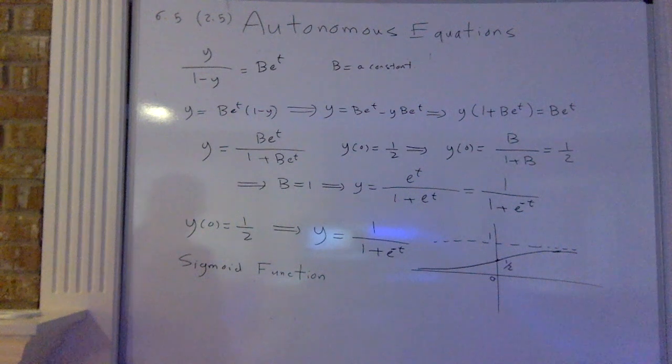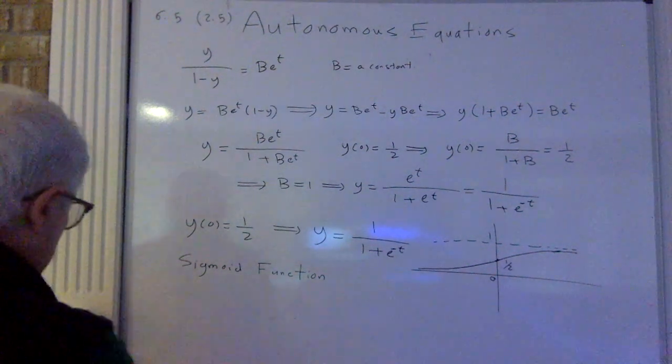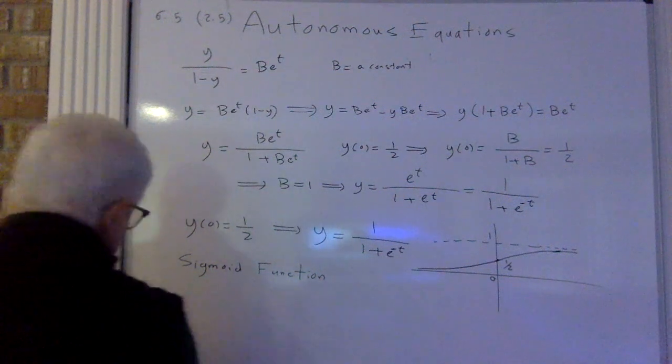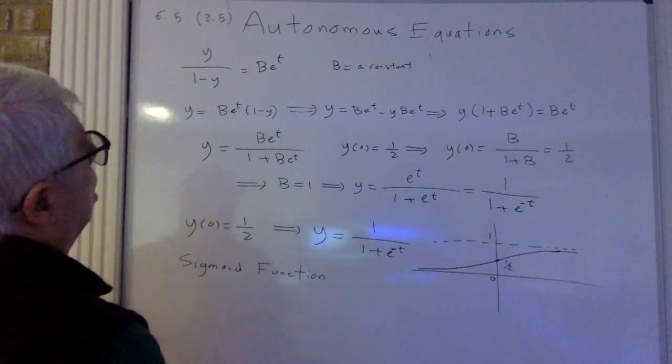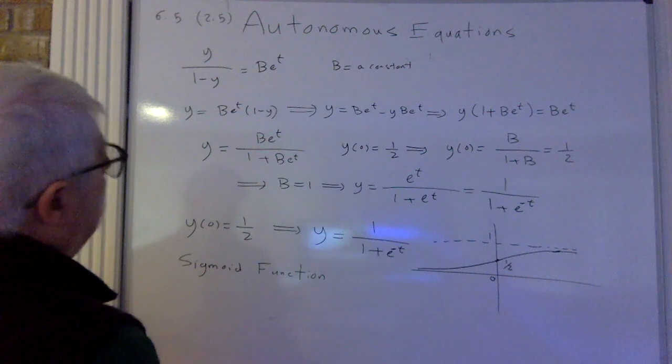One reason is that probability can be modeled using this function because it's between 0 and 1. And also the derivative is just y times 1 minus y, that doesn't depend on t. That's also another reason. So that was the simplest example.